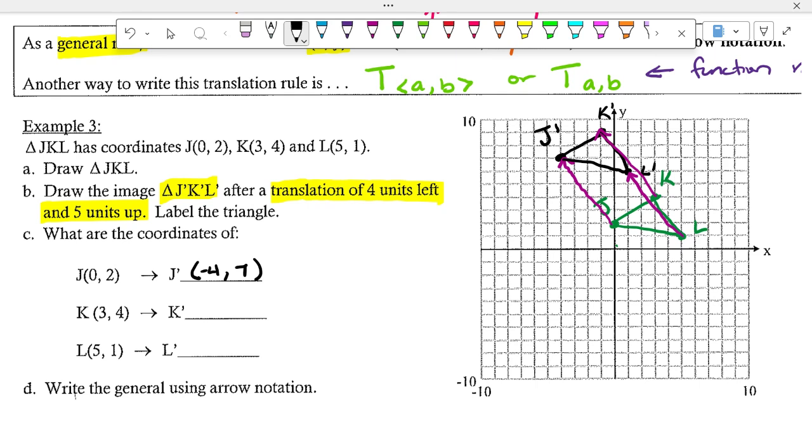Yeah, I was looking at the wrong thing. Okay, someone else. K prime. What's the new point? You in the back. -1, 9. Good. Last one. Someone else. 1, 6. Good.